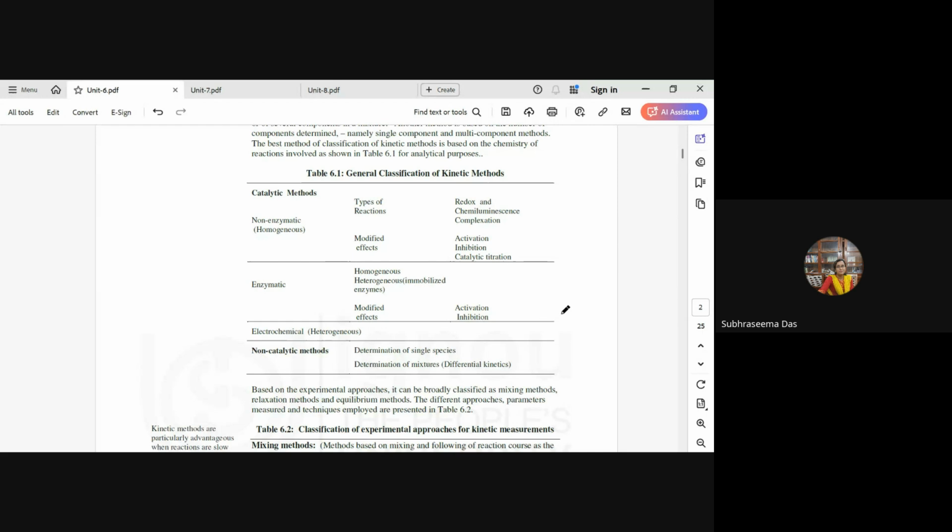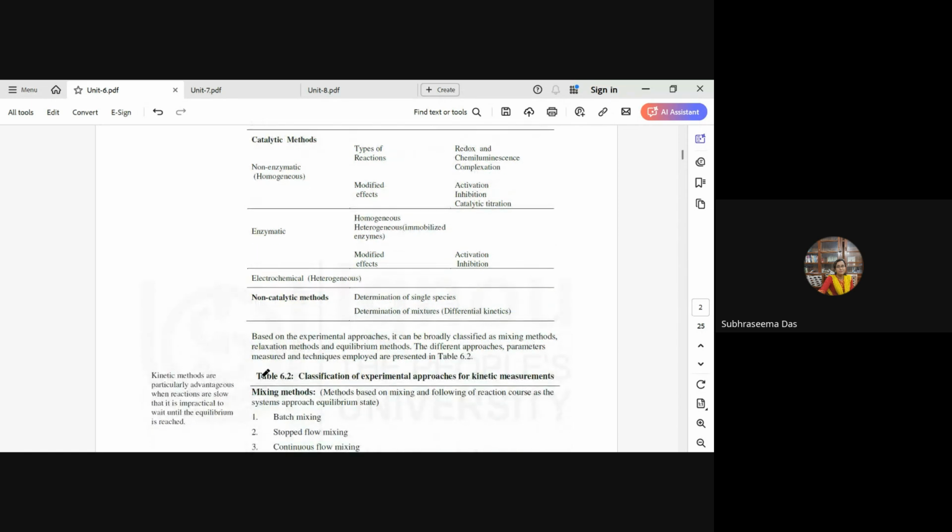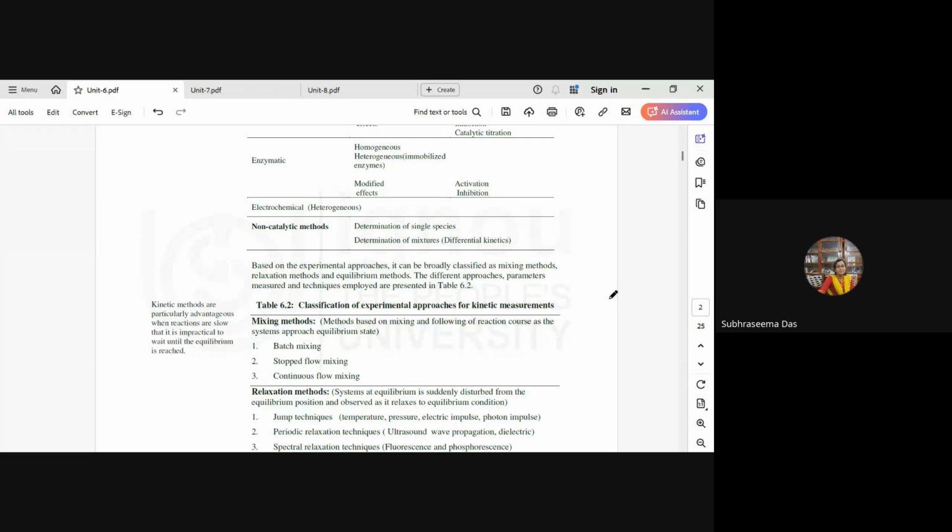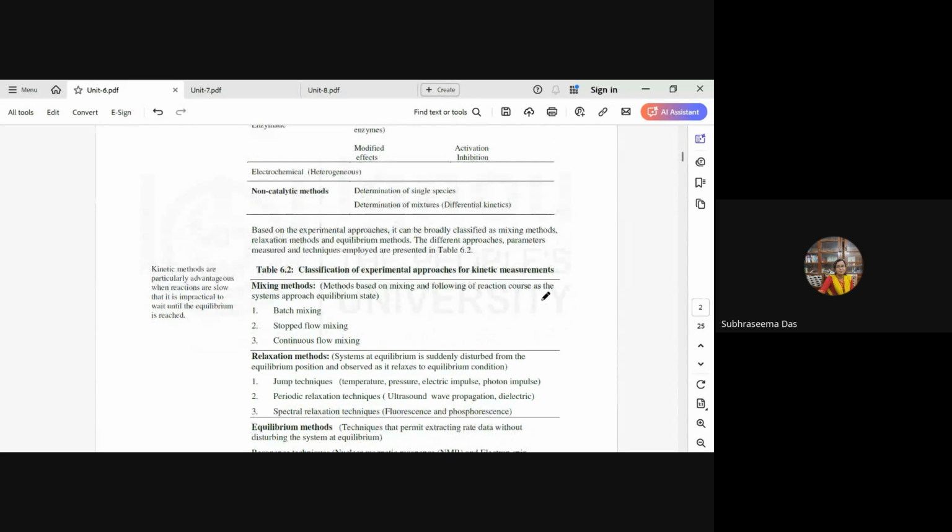There is another classification listed here in table 6.2. This is the classification of experimental approaches taken for kinetic measurements. One is mixing methods, that is methods based on mixing and following the reaction, like batch mixing, stopped-flow mixing, and continuous flow mixing.